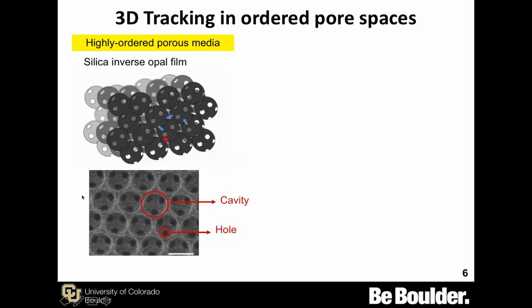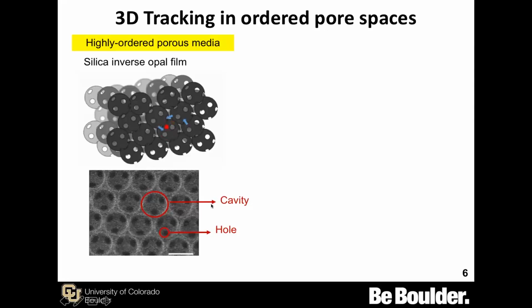If we look at this SEM image, we can see that it has very uniform cavities. And each cavity has 12 holes connecting the cavities. Also, we are able to systematically control the fabrication process to make systematic hole size and cavity size.